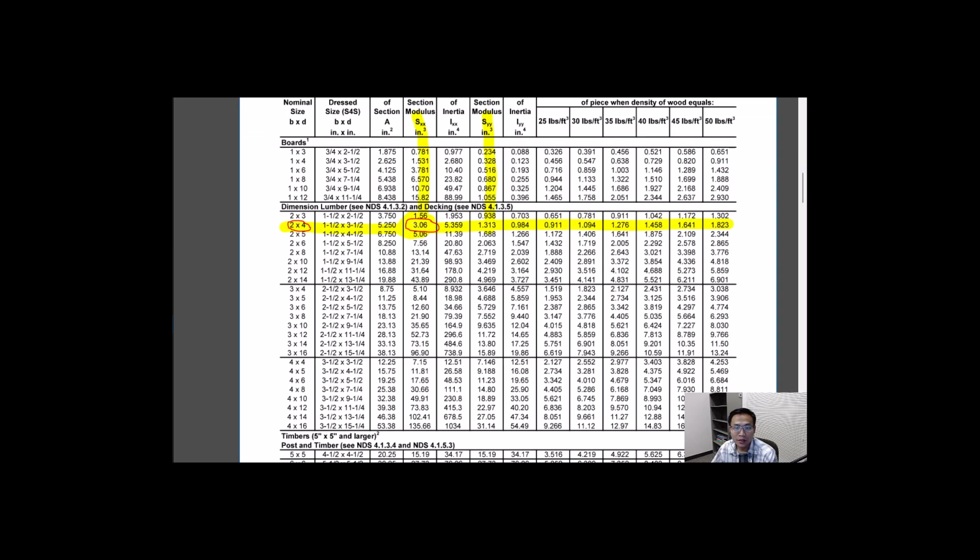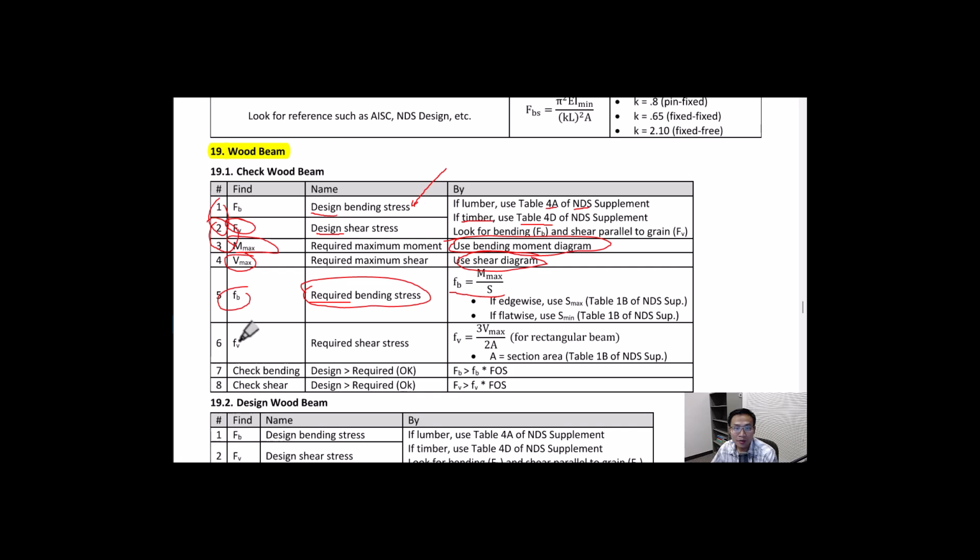Next one is step 6. Step 6 is to calculate the required shear stress.